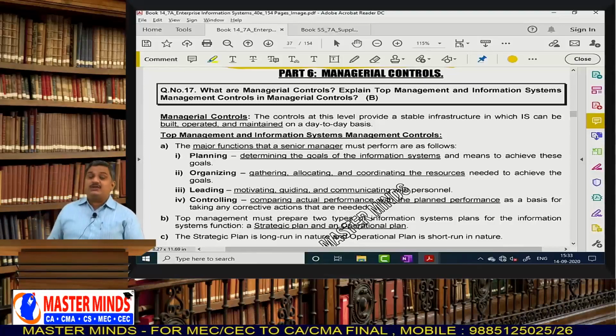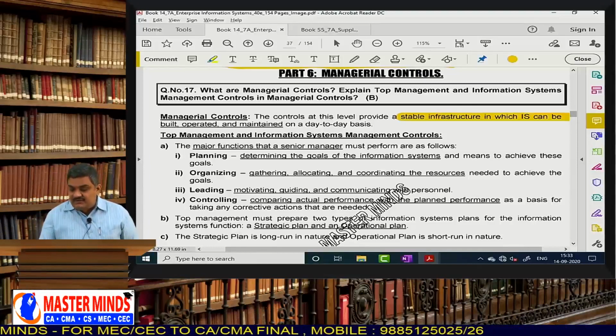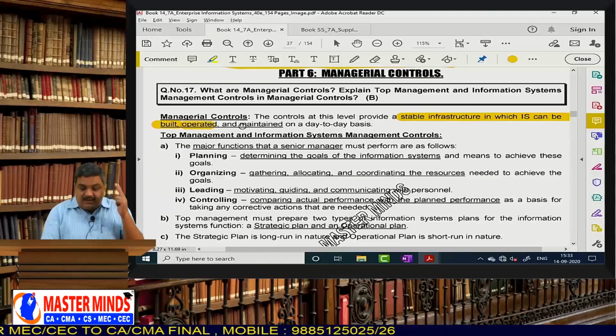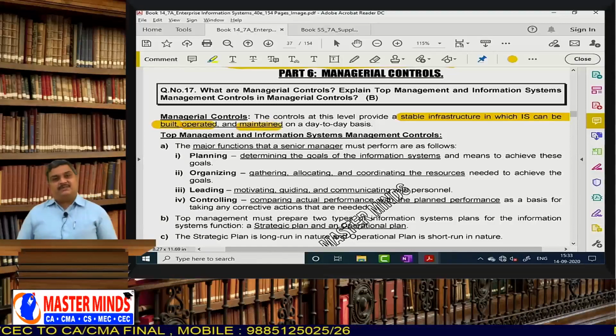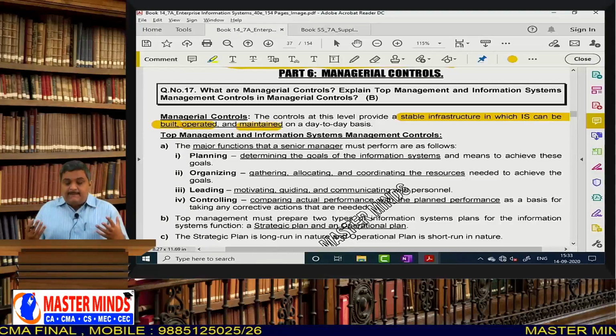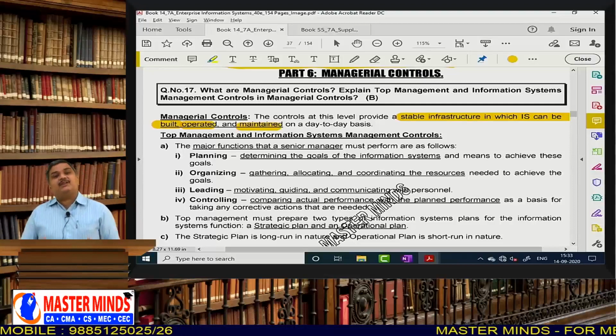Next, what are managerial controls? The controls at this level provide a stable infrastructure in which IS can be built, operated, and maintained on a day-to-day basis. An information system has to be built properly, having a stable infrastructure.